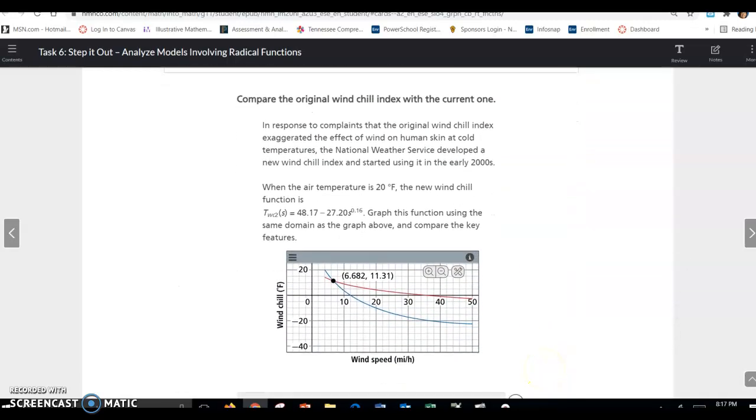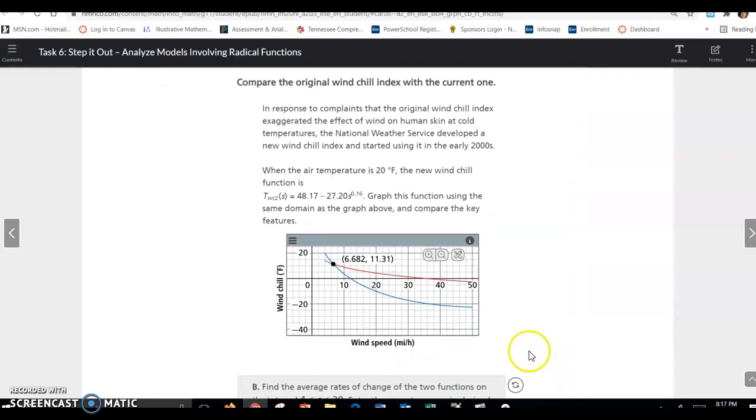It says compare the original wind chill index with the current one. In response to complaints that the original wind chill index exaggerated the effect of wind on human skin at cold temperatures, the National Weather Service developed a new wind chill index and started using it in the early 2000s.